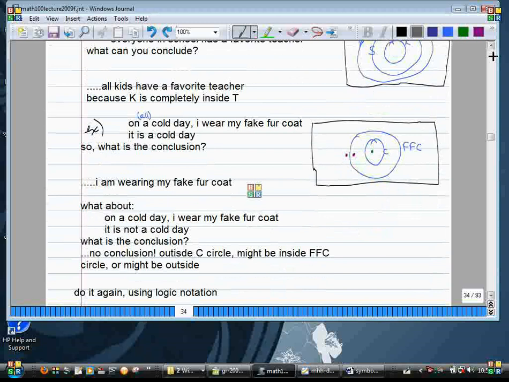Now, let's revisit these questions using logic notation.